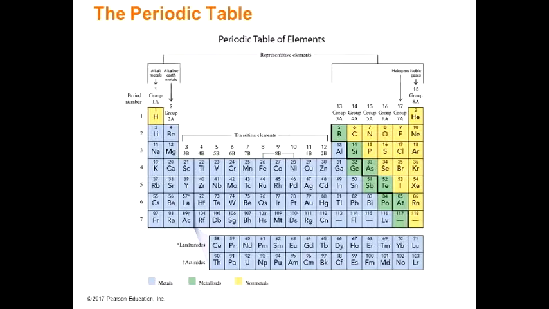When they're in the same column, they have similar chemistry. So chlorine has similar chemistry to fluorine, etc., because they're all in the same column.